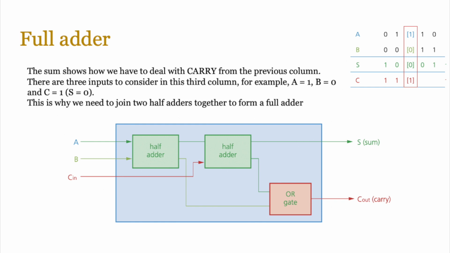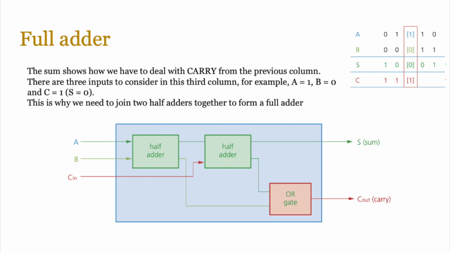The carry out from the first half adder goes into the OR gate, and the carry out from the second half adder also goes into the OR gate, and both of these combine into the carry out for the entire full adder circuit. The sum output from the second half adder becomes the sum output for the entire circuit. So try to create this circuit diagram, and then you can compare it to the one I have in the next screen in a moment.